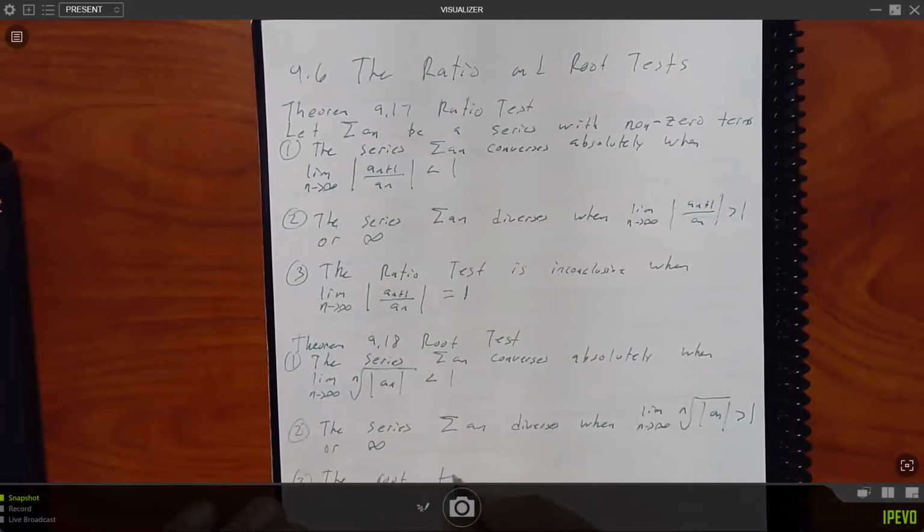The root test is inconclusive when the limit of this same nth root of the absolute value of a sub n is equal to 1.